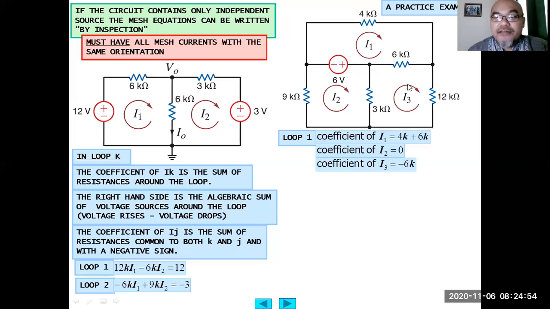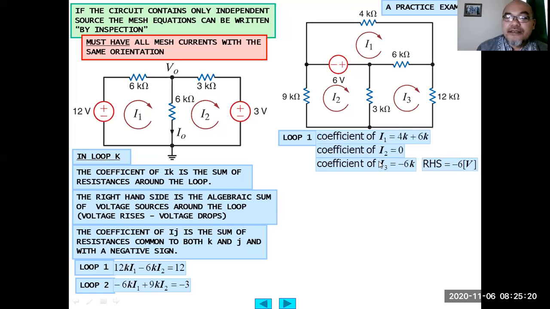Then the coefficient of I3 will be this 6 kilo ohm, but having a negative sign. As stated in the theory here, the coefficient of Ij is the sum of the resistances common to both K and J, with a negative sign. Coefficient of I3 here will be negative 6K.